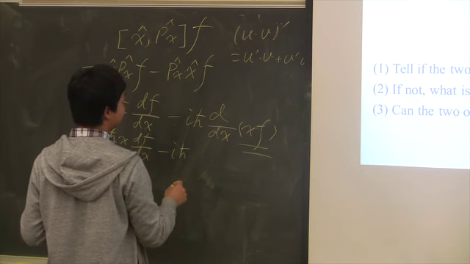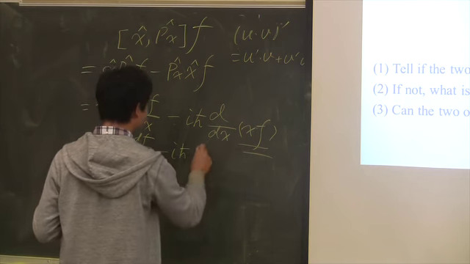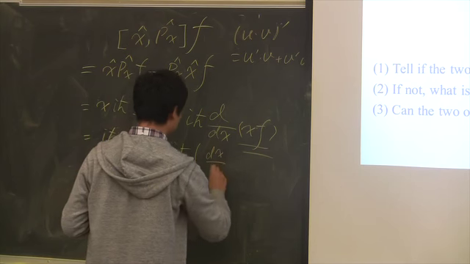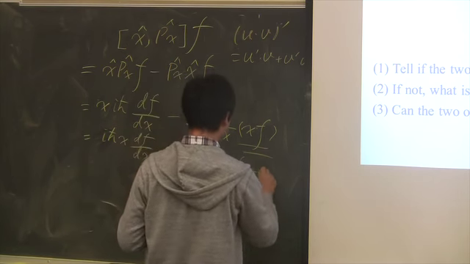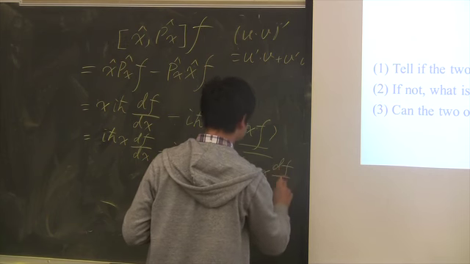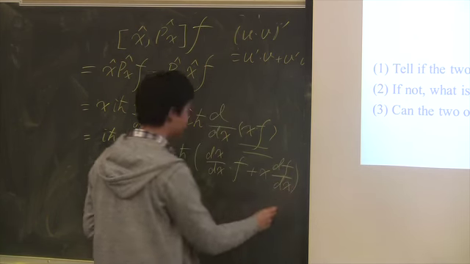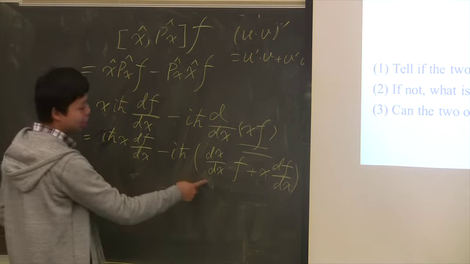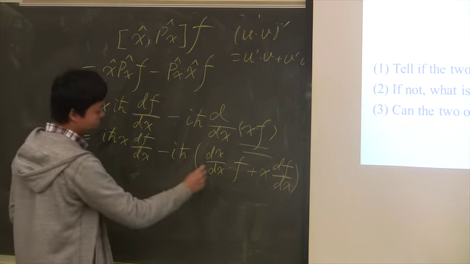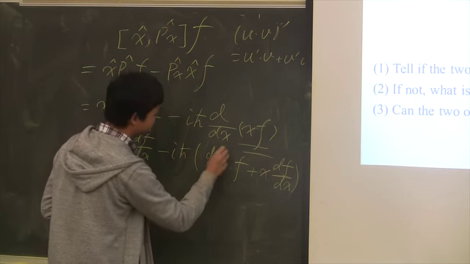So the first one is, u is x, so it will be dx/dx times f plus x times df/dx. Okay, dx over dx is what? 1. It's 1.